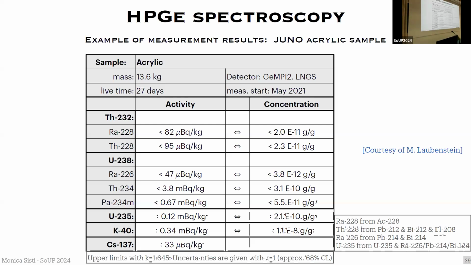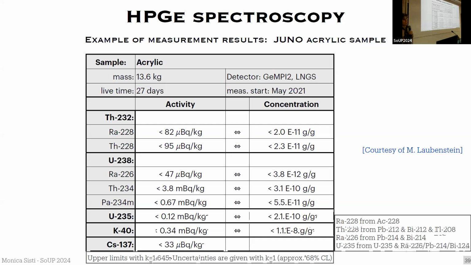So gamma spectroscopy, we have talked a lot about this. I just want to show you a couple of very nice measurements that have been performed in Gran Sasso. This is of a JUNO acrylic sample.